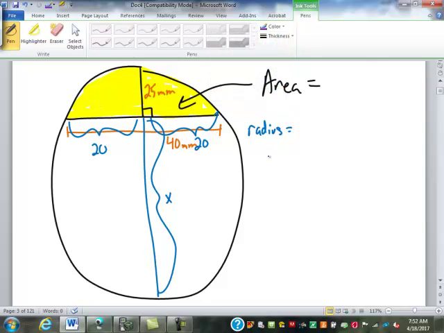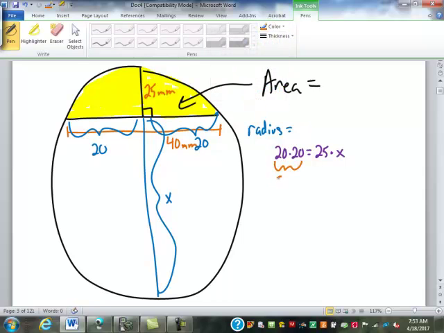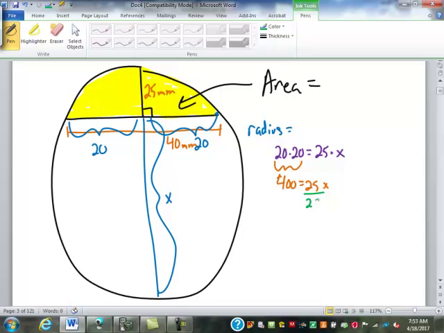So to find our x, 20 times 20 equals 25 times x. 20 times 20 is 400. Equals 25x. Divide by 25. We get, what, 16 equals x. Does that look right?